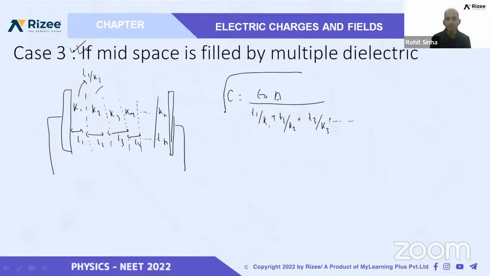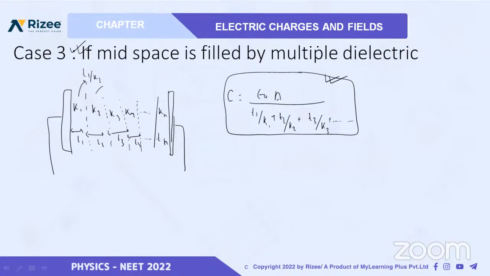This is the formula of capacitance when we have multiple dielectrics. Got it? Any confusion in this diagram which I have drawn? Any confusion to anyone?